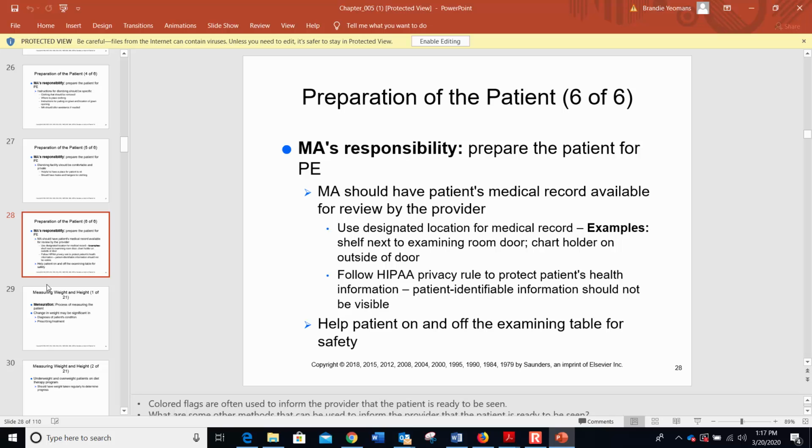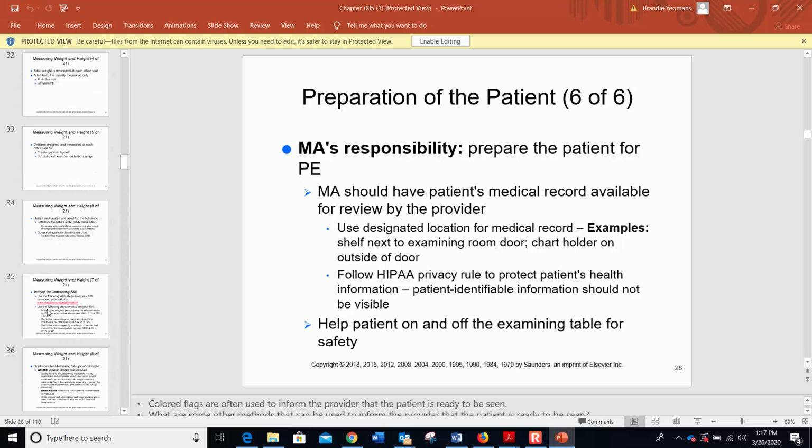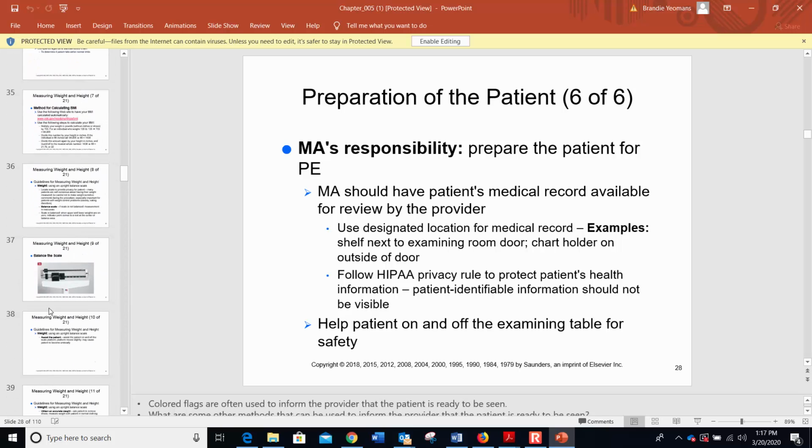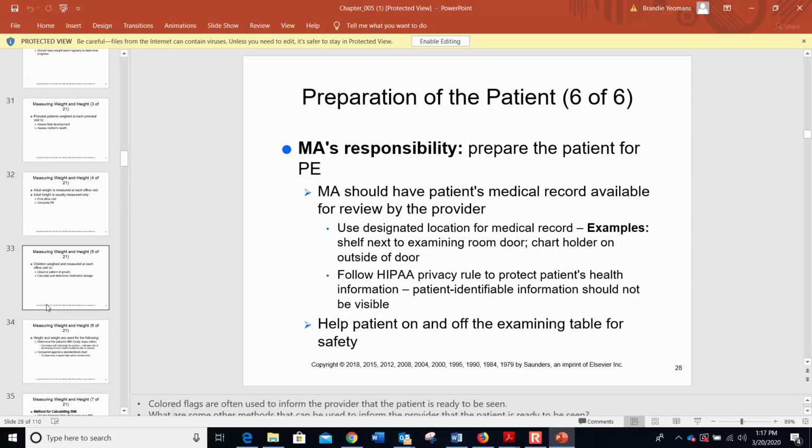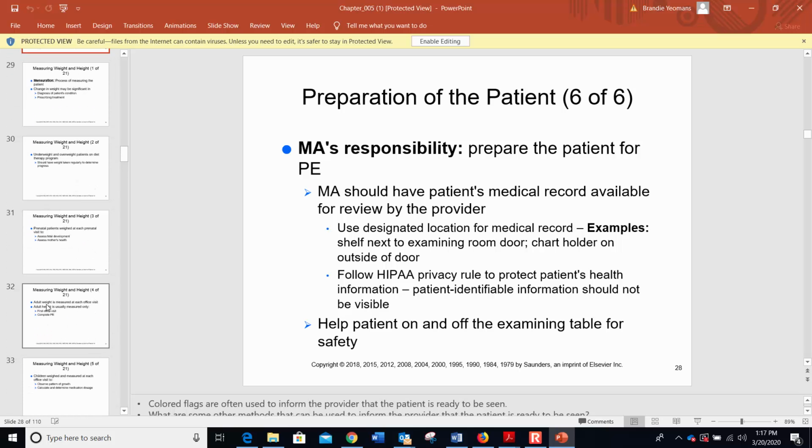So let's look at, if you look in your textbook, the procedures for weighing a patient. This is not a very difficult procedure. It's actually very easy. It just looks intimidating because there's this big, loud, noisy instrument.